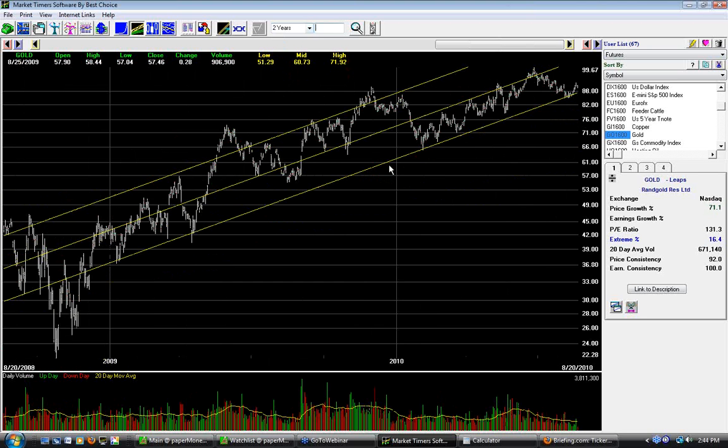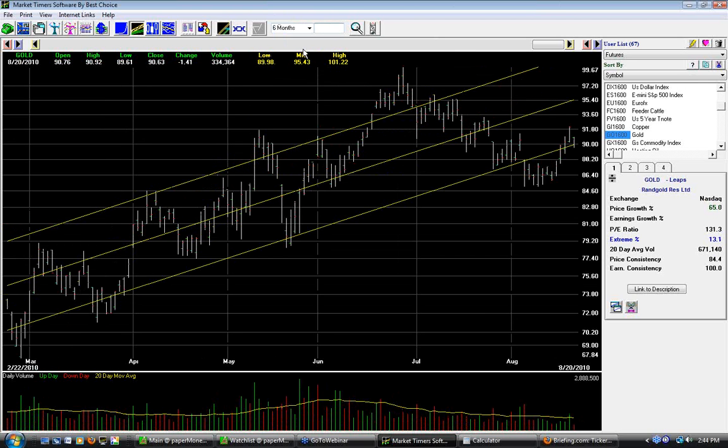What about 2 years? Well, yeah, in 2 years it could definitely go all the way up there. It's really never been there in 2 years, has it? The highest price it's ever been is 99. But retracing to the mid of 103 is higher than on a 6-month mid, which is 95, or the 90%.